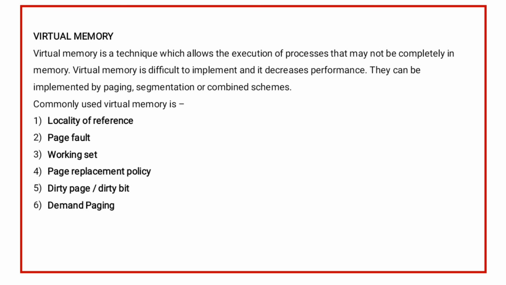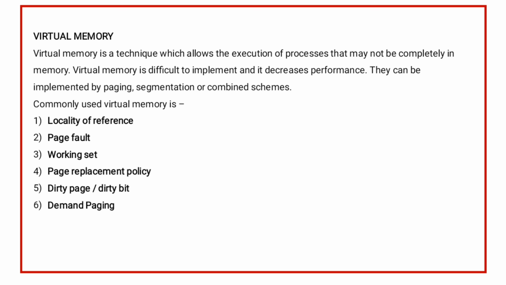Second one is page fault. When a process is executing with only a few pages in memory and an instruction is encountered which refers to a page outside main memory, a page fault occurs. Next is working set. At any time, a process has a number of pages in physical memory. Not all of these are actively referred.